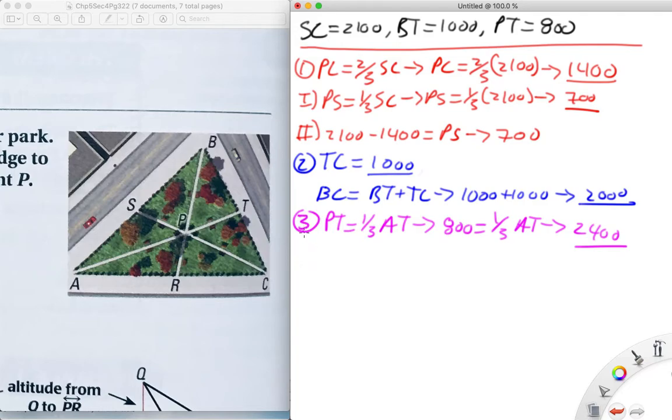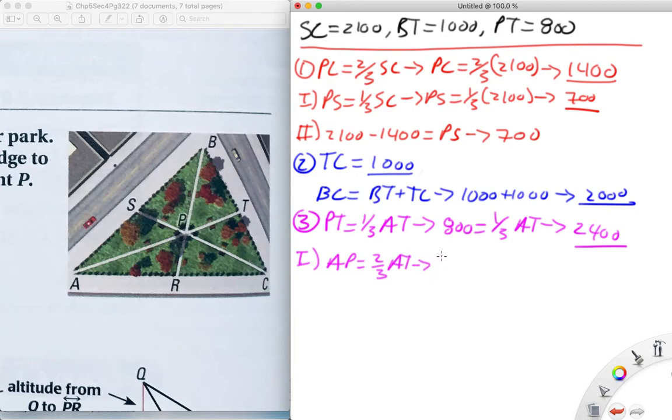Again, I can get AP two different ways. The first way is just to say, since I know this is 2,400, I can say that AP equals 2/3 times 2,400, times AT.